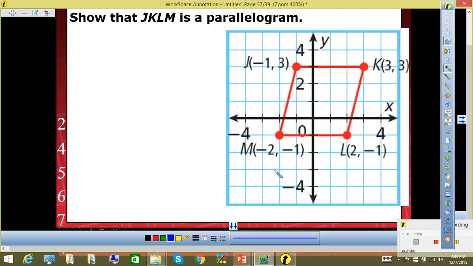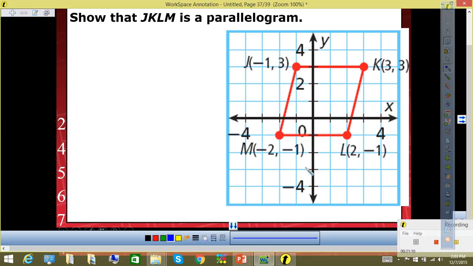Look at it. Does everybody see? Look up. If I was to do this, how can we tell whether this one is parallel to this one?